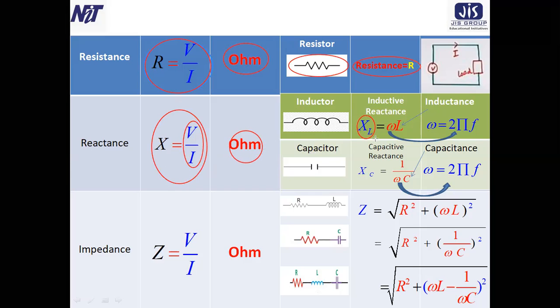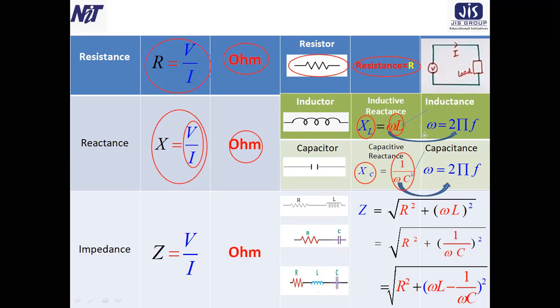XL is the symbol of inductive reactance, and XL equals omega L. Capacitive reactance is XC, represented by 1 by omega C. So when it is an inductor, the reactance is XL equals omega L.